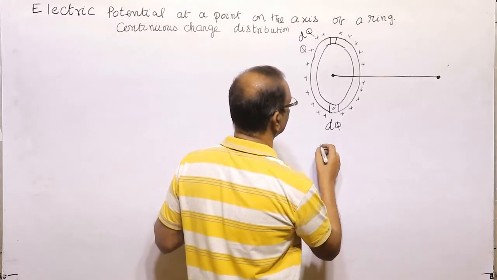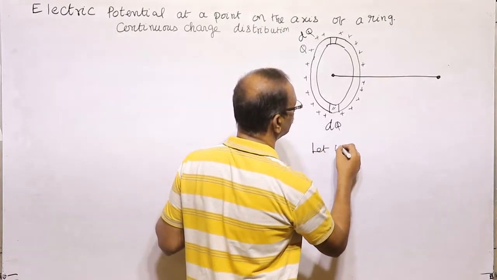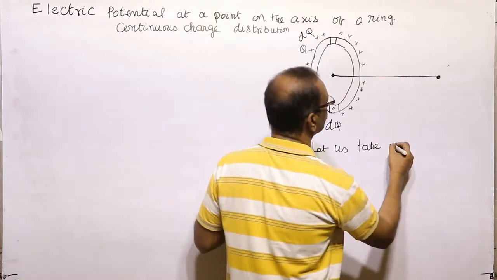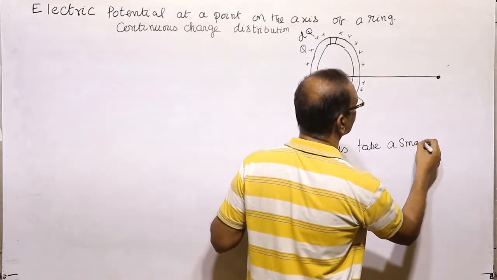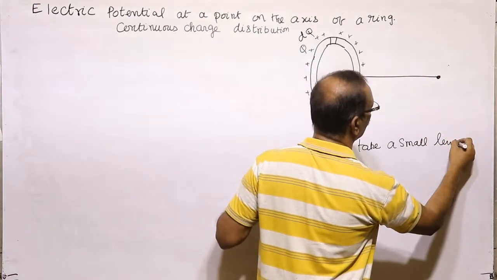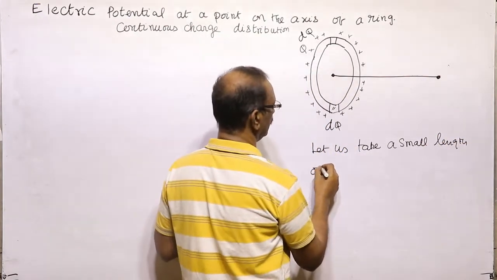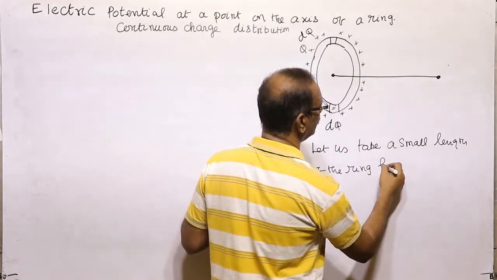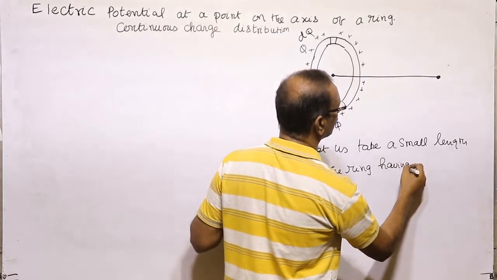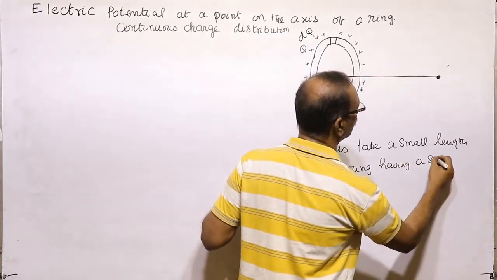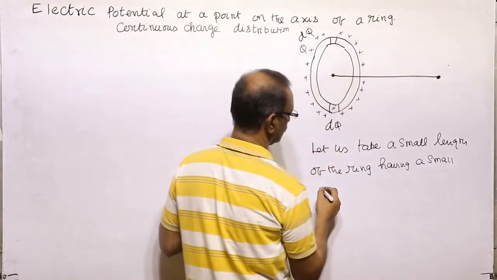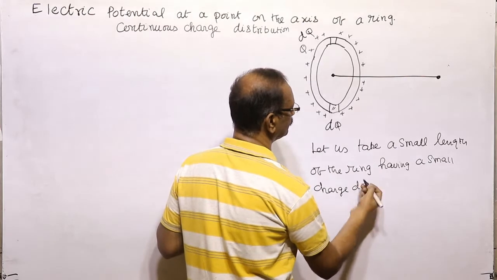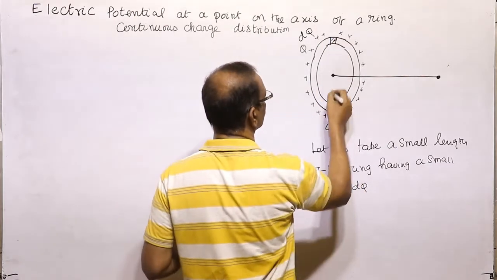Now let us take a small length of the ring having a small charge dq in this portion.